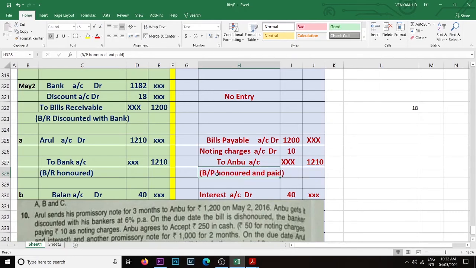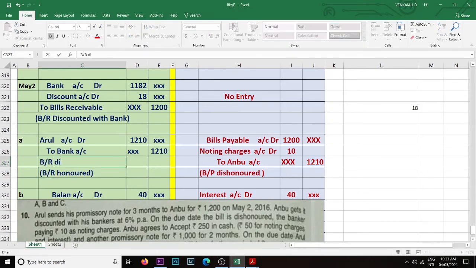Bills payable dishonored, and noting charges also due. Bills receivable dishonored. Amount paid to bank on behalf of Arul.